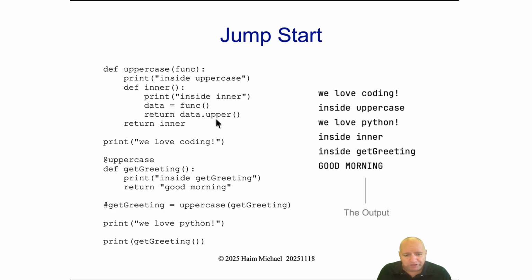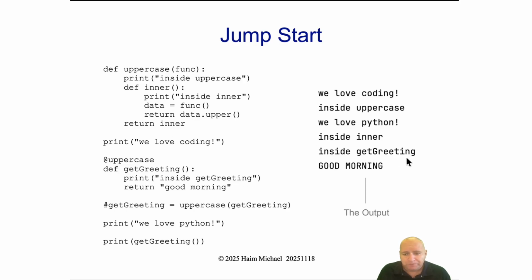But pay attention to the fact that after inside inner is printed to the screen, we have a printing of inside greeting, because the next thing that happens is an invocation of func, which is actually an invocation of the original getGreeting function.